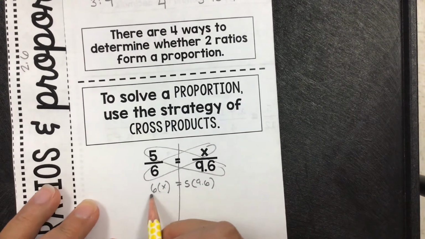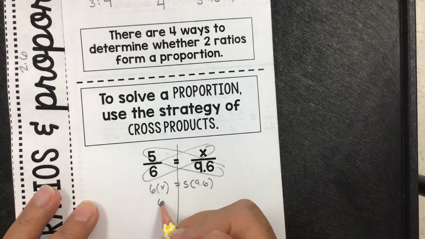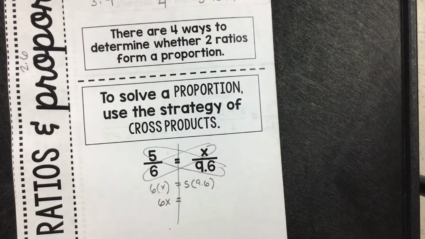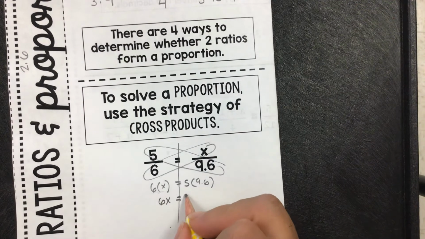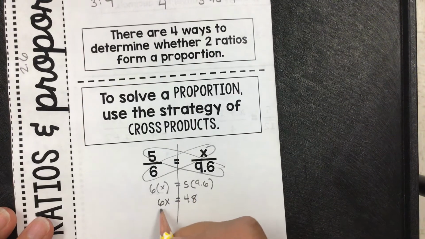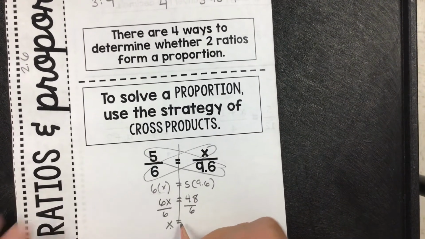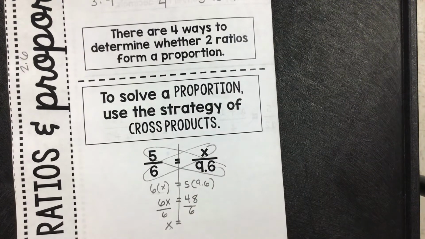Remember, we don't need the parentheses anymore to indicate multiplication. That's 6x is equal to, and then 5 times 9.6 is 48. And then divide by 6 on both sides. X is equal to 8.